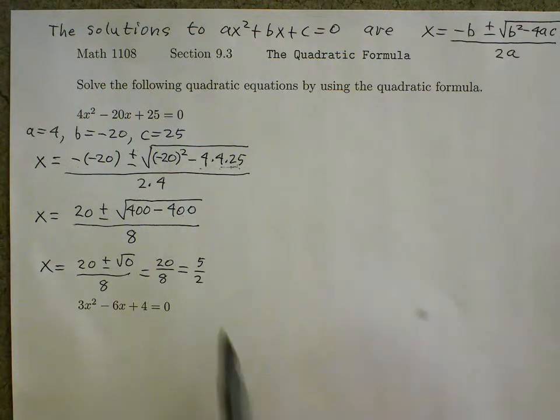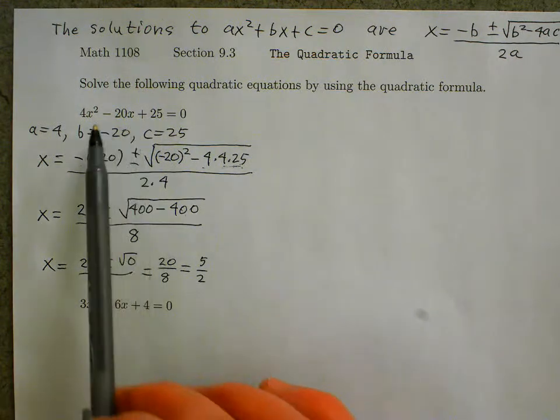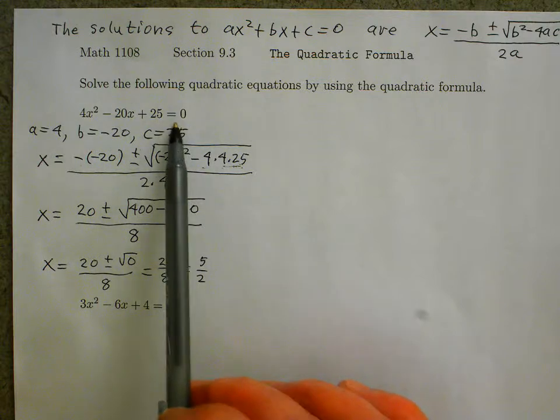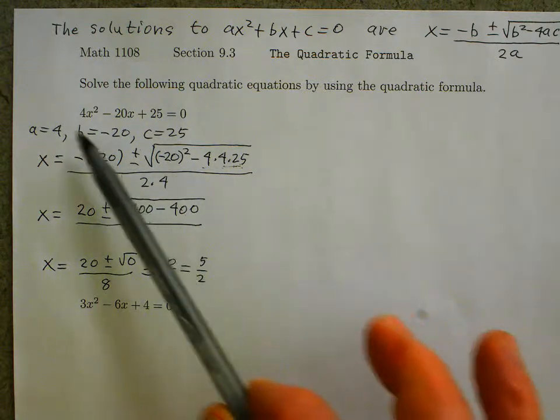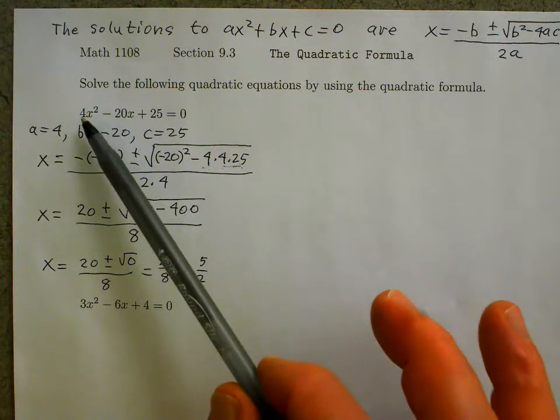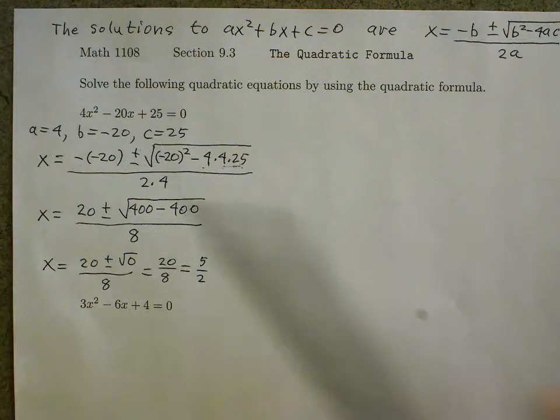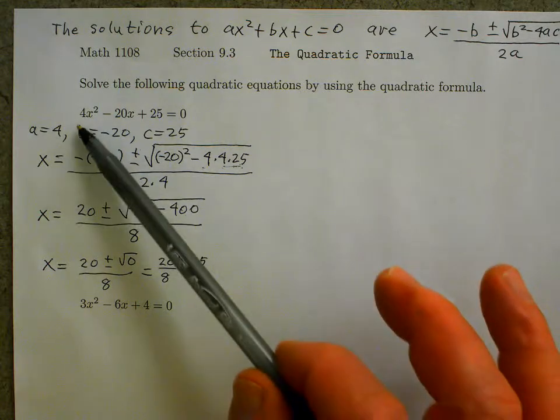So if we have a repeated solution, then the trinomial that we started with in the quadratic equation is either a perfect square trinomial or a constant multiple of a perfect square trinomial.